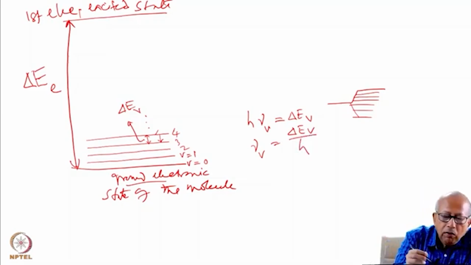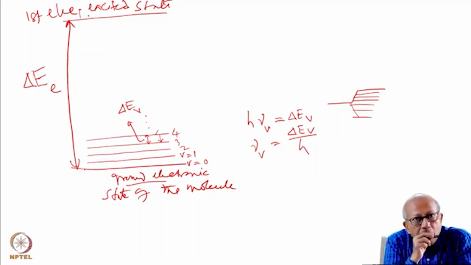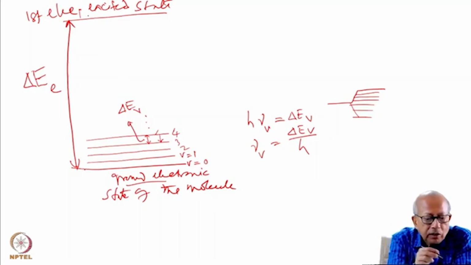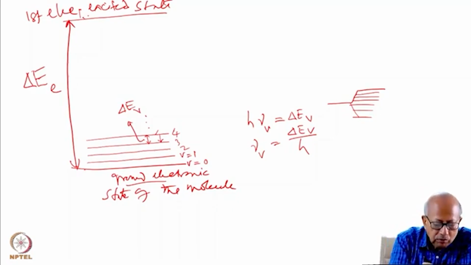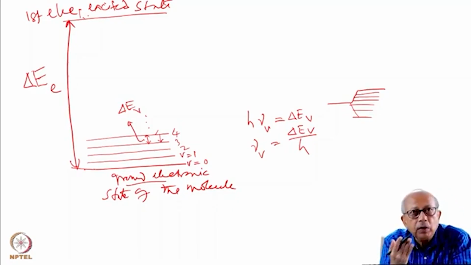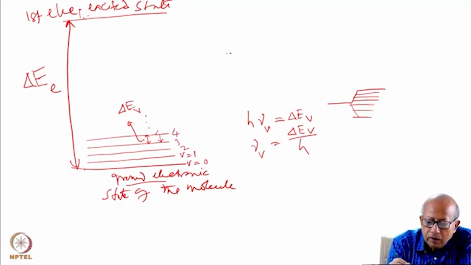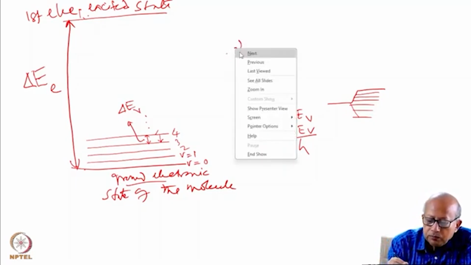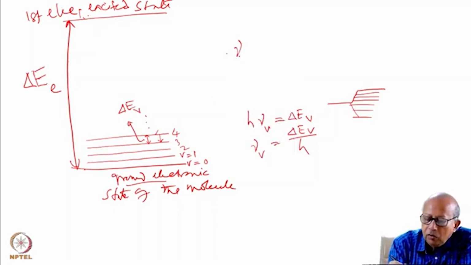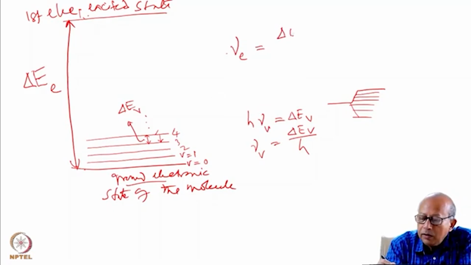And for electronic transition, let us assume from the ground electronic state to the first electronic excited state. If there is a transition from this state to this state, then the frequency of the light that will be emitted, we call it nu electronic, will be equal to delta E electronic divided by h.